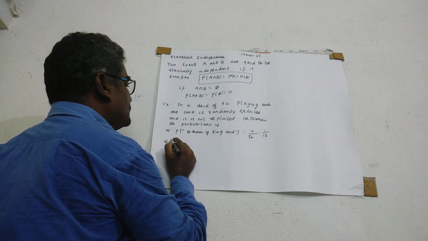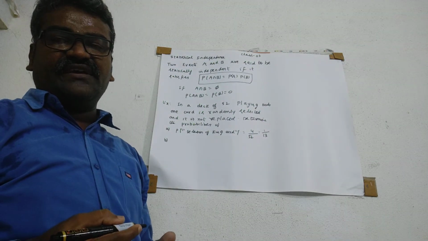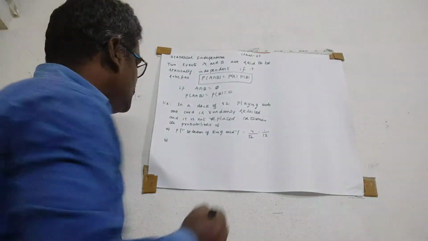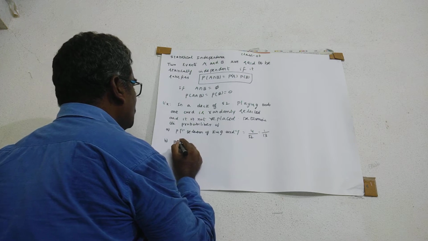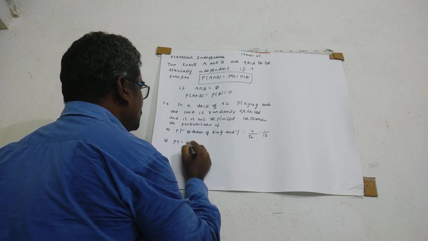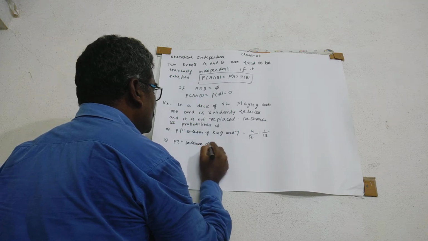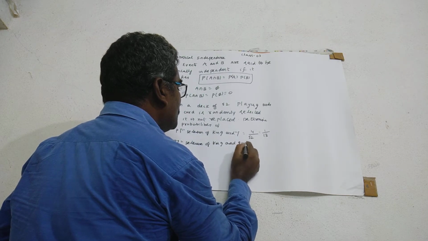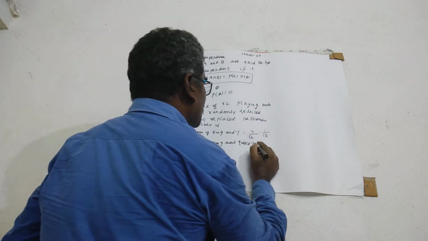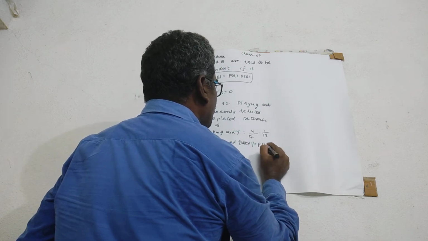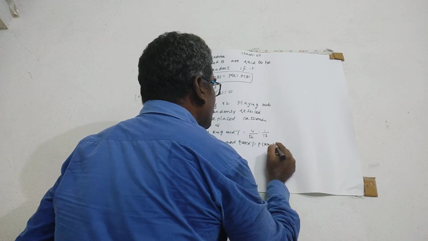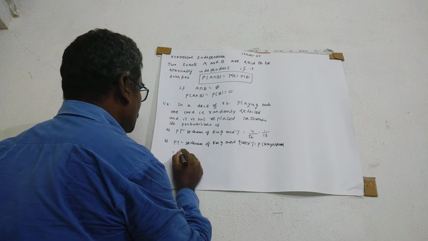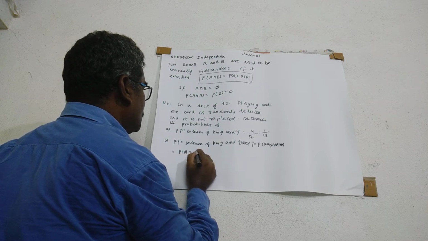Example: what is the probability of selection of king as well as queen simultaneously? We can write it like this: probability of selection of king and queen, which is the probability of king intersection queen, equal to the probability of the null set, which is equal to 0.